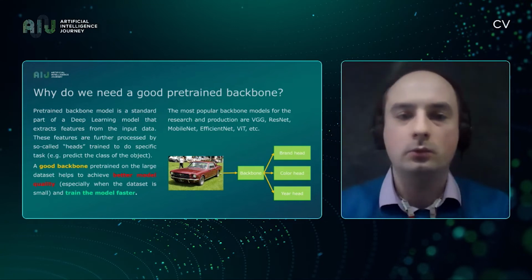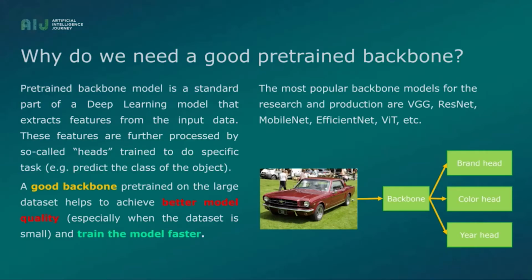source input data, and they are used by the so-called heads trained to do specific tasks. Each of them is trained for a certain task. So here you see the simplified architecture of a model to solve a task of car brand recognition.